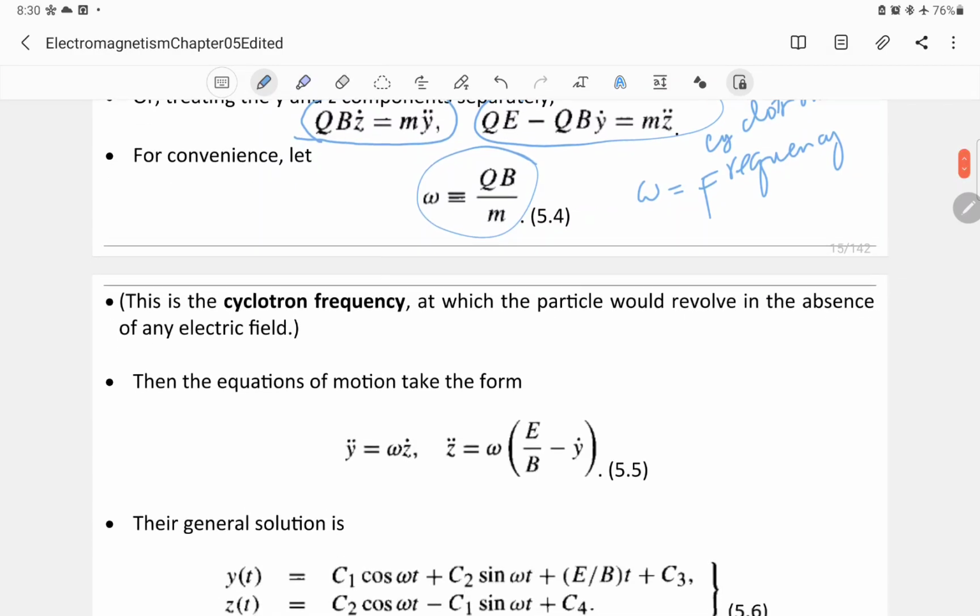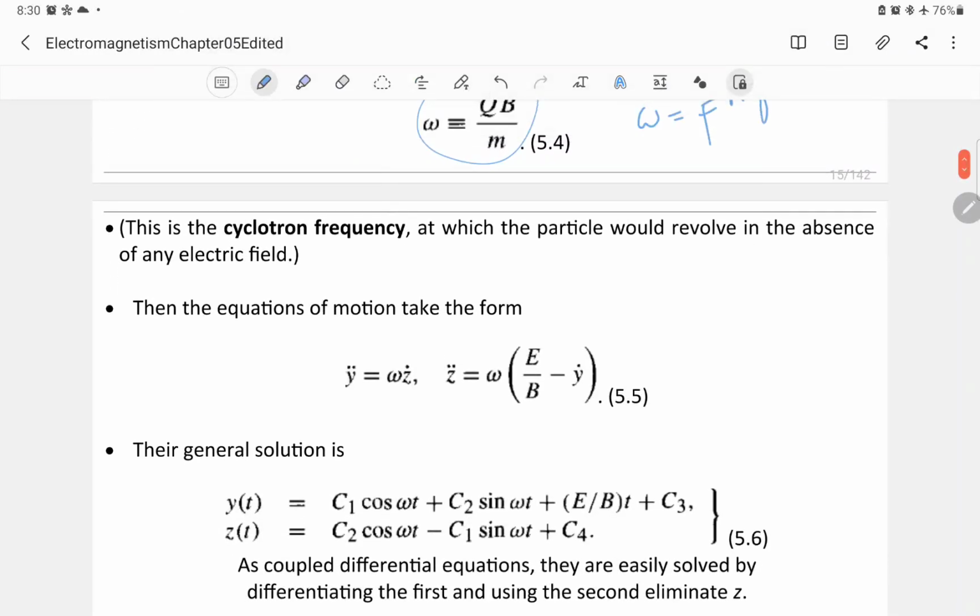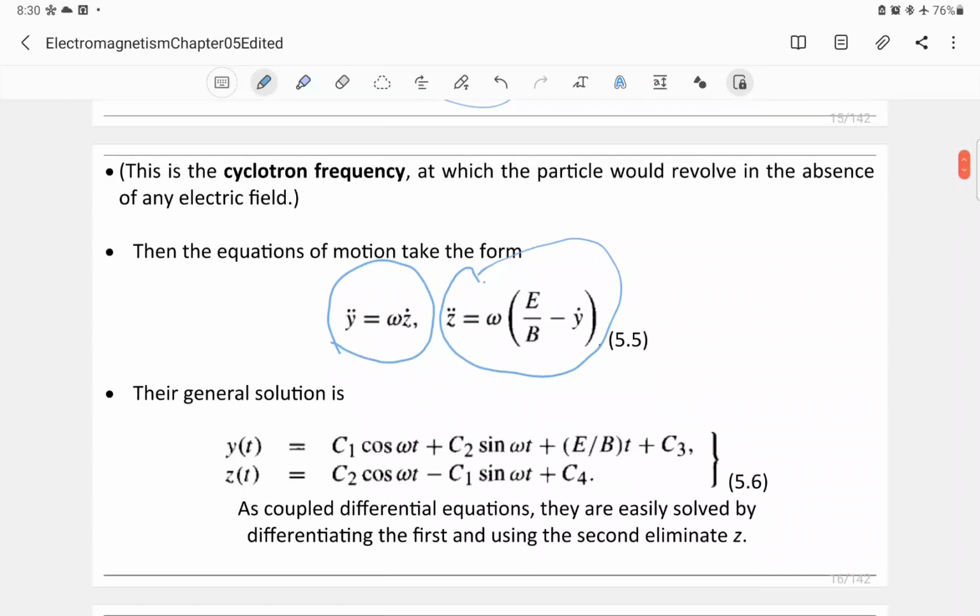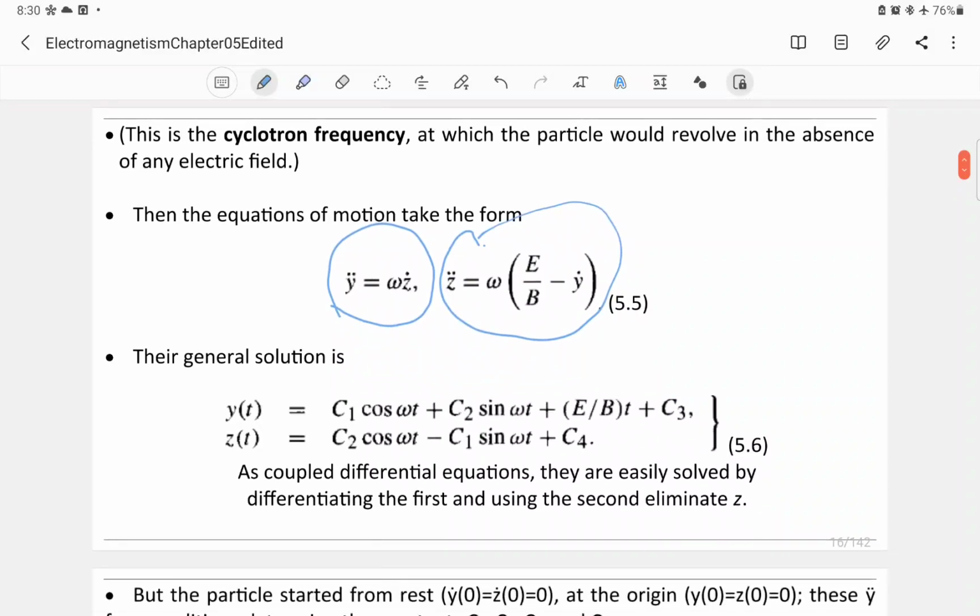So the equation of motion now takes the form y double dot equals omega z dot, and z double dot, second derivative, equals omega times E over B minus y dot. So in general, if you review your differential equations, this will be the solution.